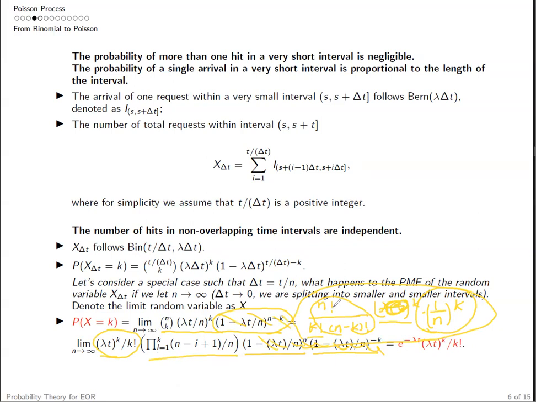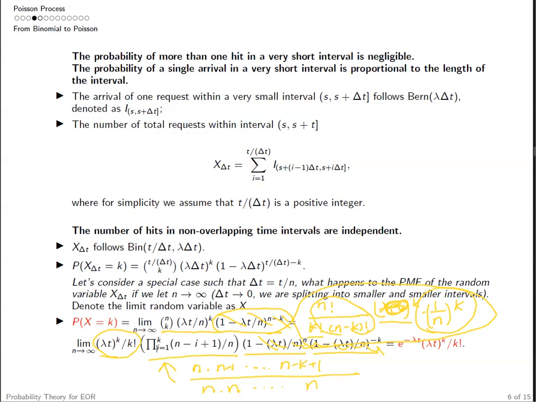After we cancel the common terms within n factorial and n minus k factorial, that's going to be n times n minus 1 until n minus k plus 1. So there will be k terms, divided by n to the power k. There will be k n's multiplied together. So this is the product here.